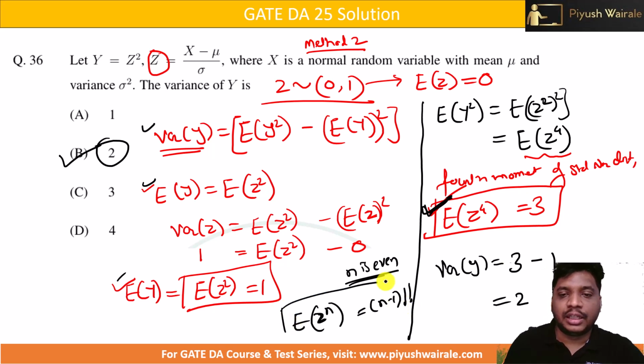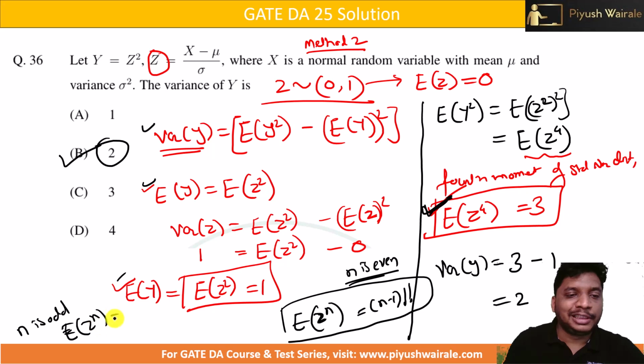This is what you need to note. If n is odd, expectation of z to the power n is equal to 0. You can note down these two important points as well. Remember, this is a double factorial, which is defined differently than the ordinary factorial. Remember this particular point.